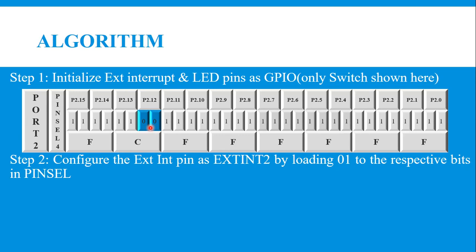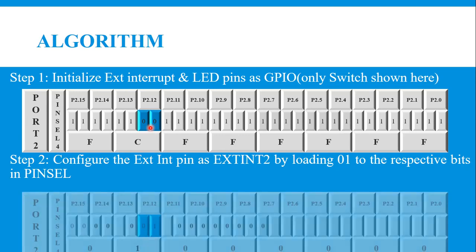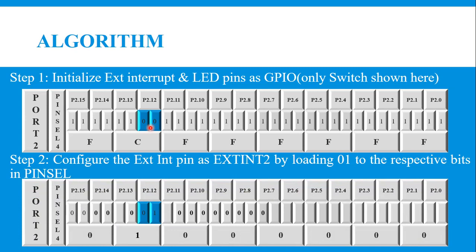Now I will move 01 in place of 00: I move 01 into pin select register 4, to the corresponding bits of P2.12, and then it works as external interrupt 2.